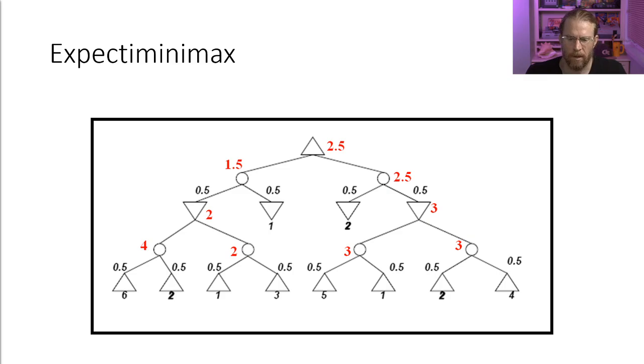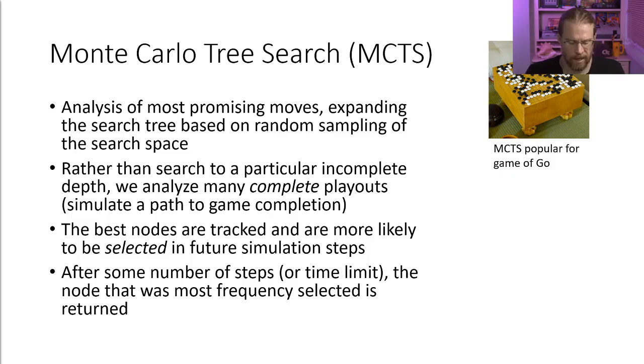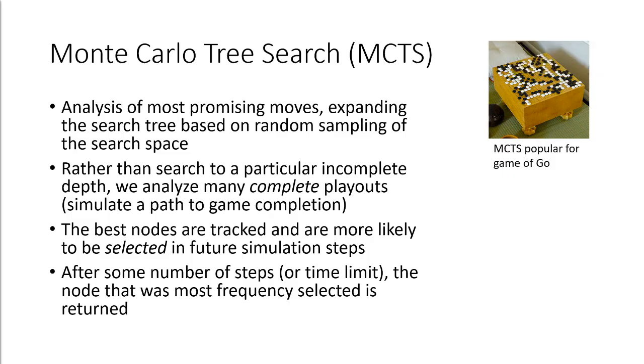So there are other ways that you can go about building an AI for the sort of zero sum turn based games. And one strategy that is useful is the Monte Carlo tree search. This uses a much different technique, though if you evaluate it far enough, it ends up being essentially the same as the Minimax strategy.